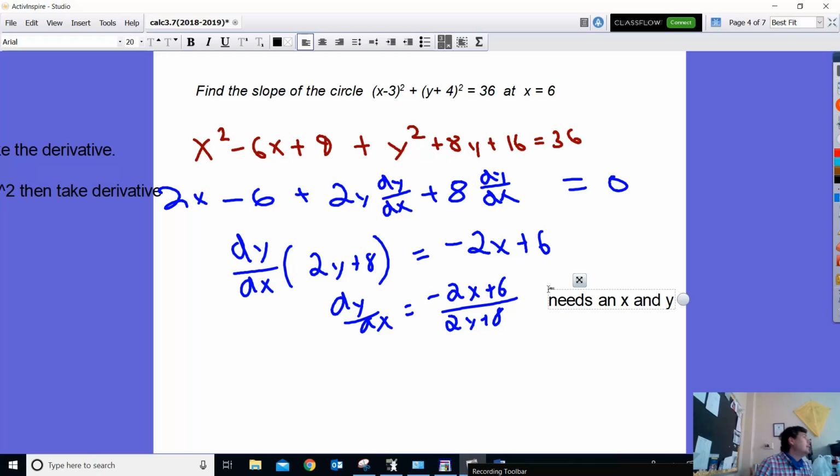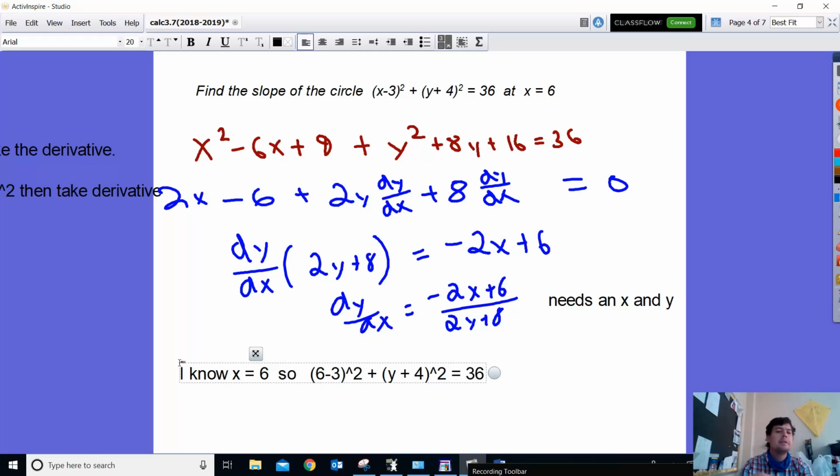How on earth could I get a y? Plug in x, yeah. I know x is 6. It's given to me. So 6 minus 3 to the second plus y plus 4 to the second. Don't be surprised if you get two y values back. Must be 36. I just plug it in.